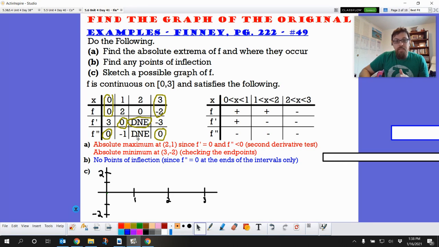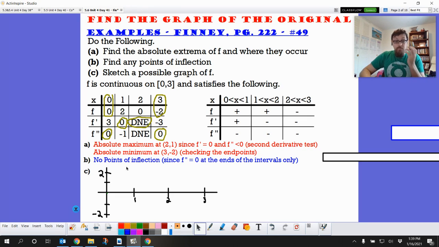You might be considering this part right here where it is undefined. That is potentially a point of inflection, but it has to pass that sign test. And if we hop over to our sign test at 2, we're concave down before 2 and we're concave down after 2. So that also eliminates that spot as a potential point of inflection.